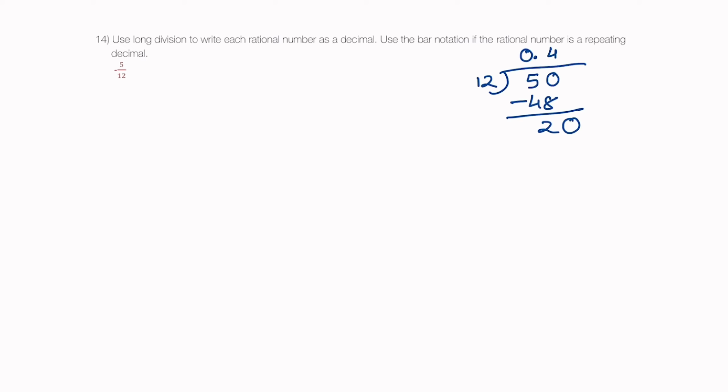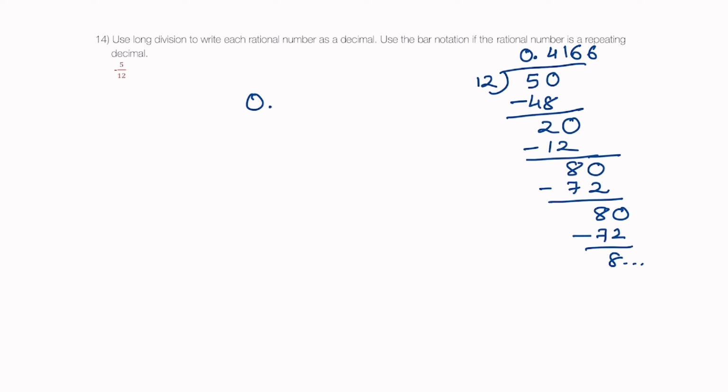Put another 0. 12 times 1 is 12. 8 is the remainder. 0, 12 times 6 is 72. 8, 0, 6, 72, 8, and the pattern repeats. So 0.416 with a bar notation, and of course the negative sign.